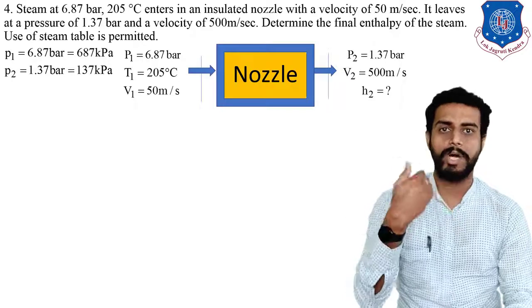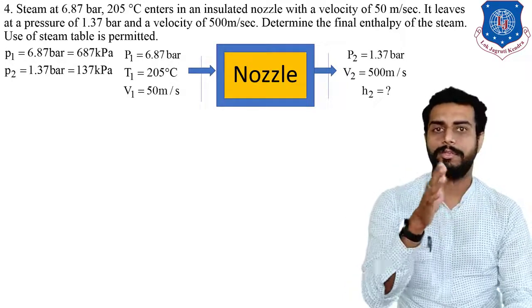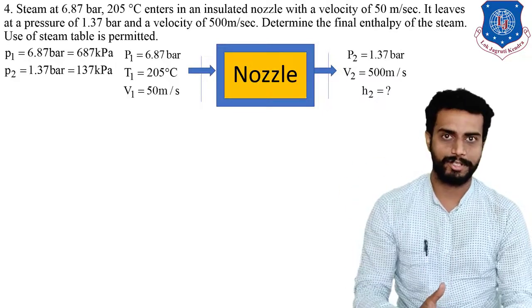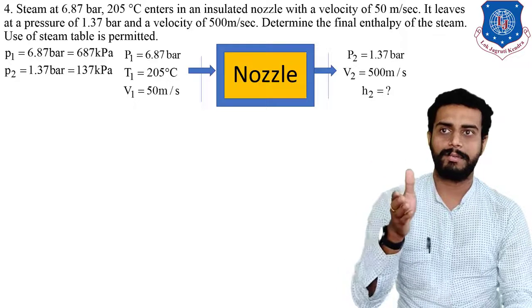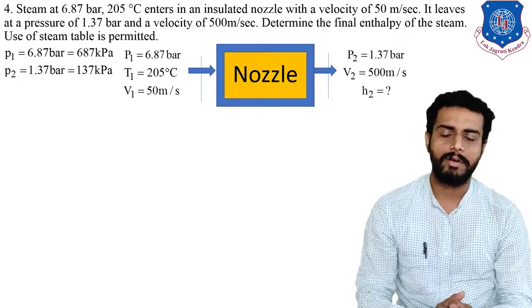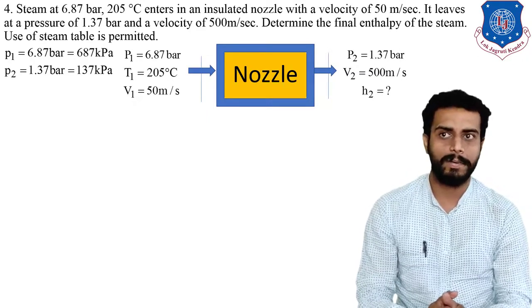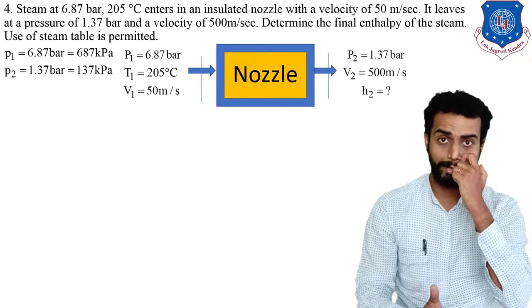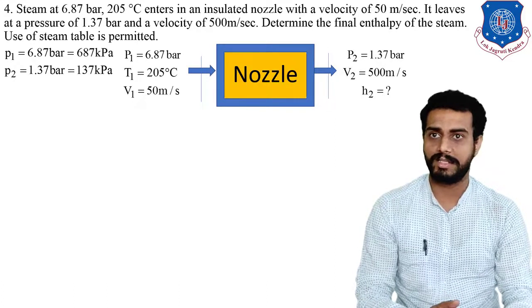If the steam table which you are referring to has the unit of bar, then you do not need to convert the unit of pressure. Keep that in your mind. The standard conversion is 1 bar equal to 10 raised to 5 pascal or 10 raised to 2 kilopascal. So 6.87 bar will be 687 kilopascal and 1.37 bar will be 137 kilopascal.